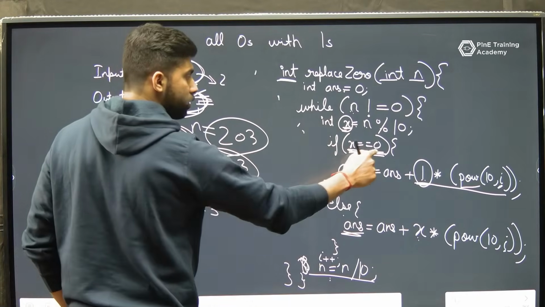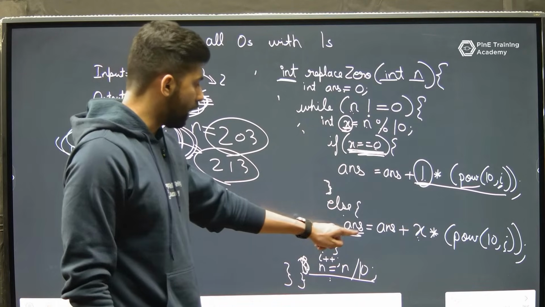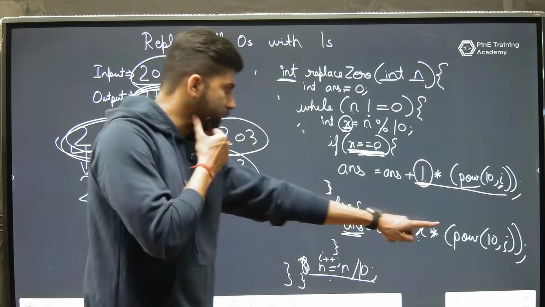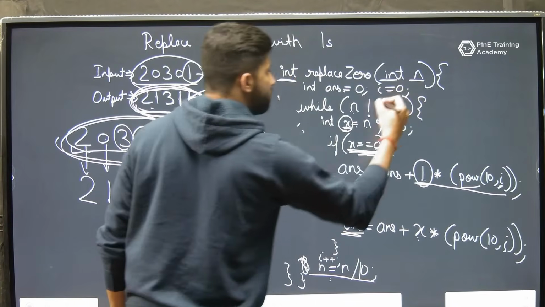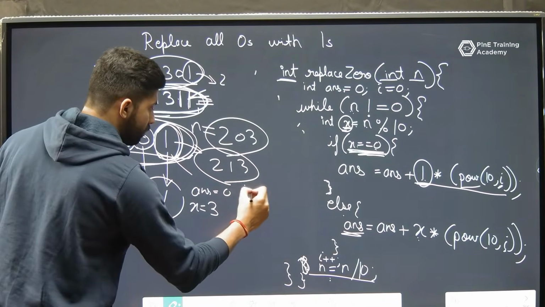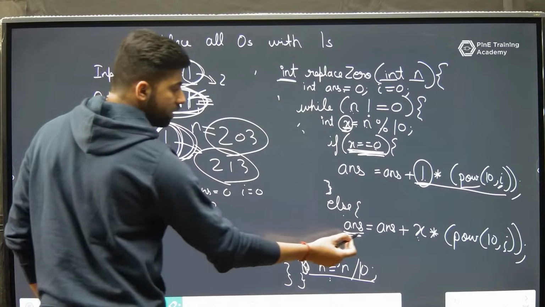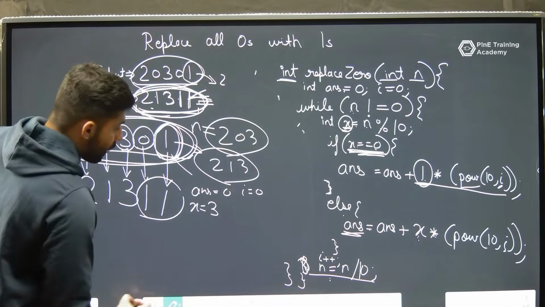It will check if x is equal to 0. No, it is not. We will go to else. Answer equals answer plus x multiplied by 10 to the power I. So we need to declare I as well, right? So we have I equal to 0. So answer equals answer plus x multiplied by power of I.